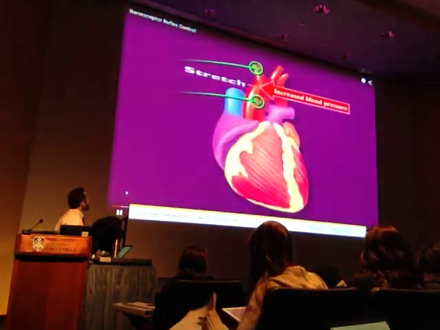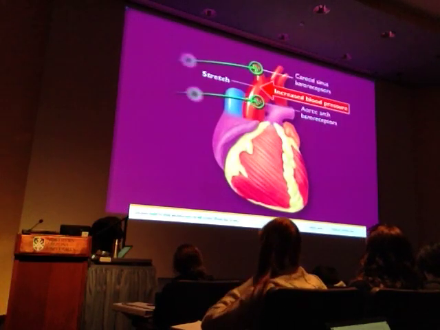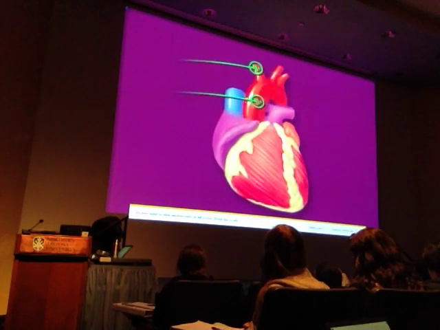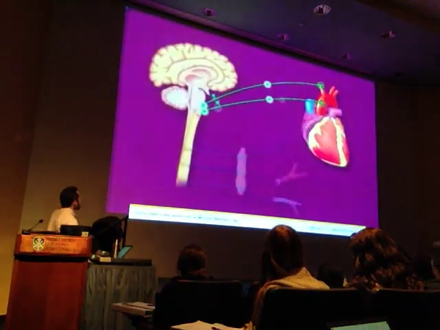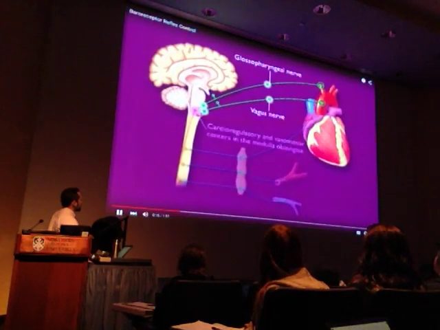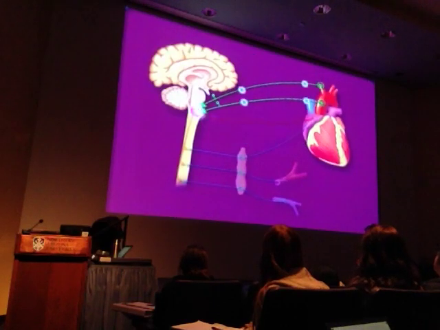Blood pressure stretches the carotid arteries and aorta, causing the baroreceptors to increase their basal rate of action potential generation. Action potentials are conducted by the glossopharyngeal and vagus nerves to the cardioregulatory and vasomotor centers in the medulla oblongata.